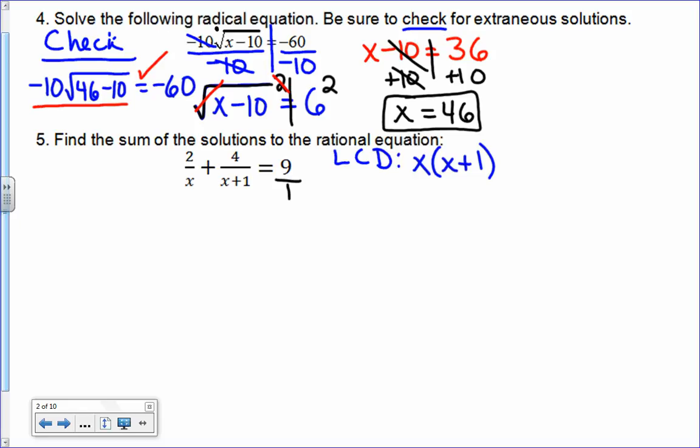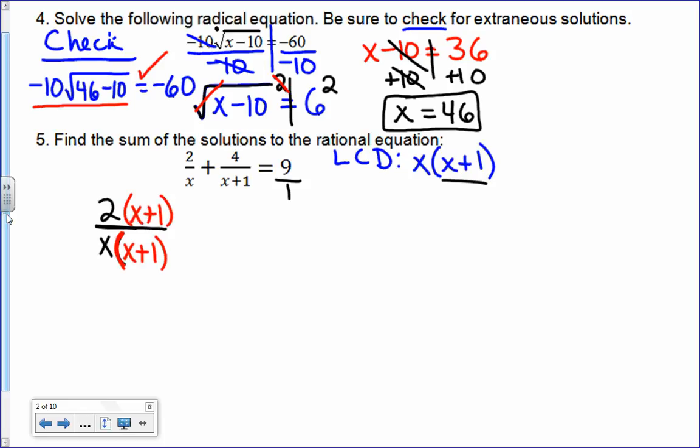Okay? So now we go back to our fractions, each one individually, and we see what's missing. This first one, the 2 over the x, the bottom has the x, but it's missing the x plus 1. So I'm going to put it in, multiply it on the bottom, and anything I put on the bottom, I also have to put on the top.